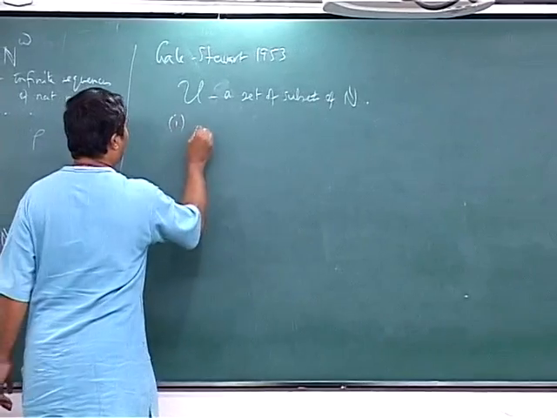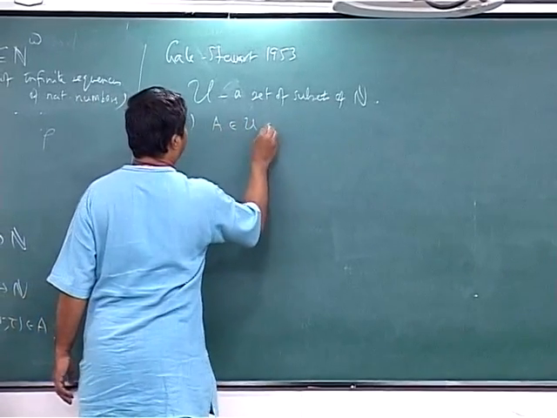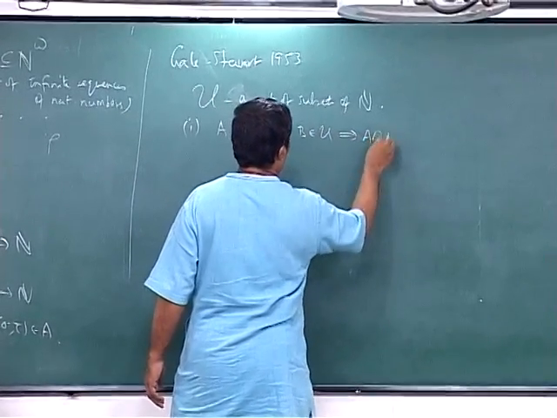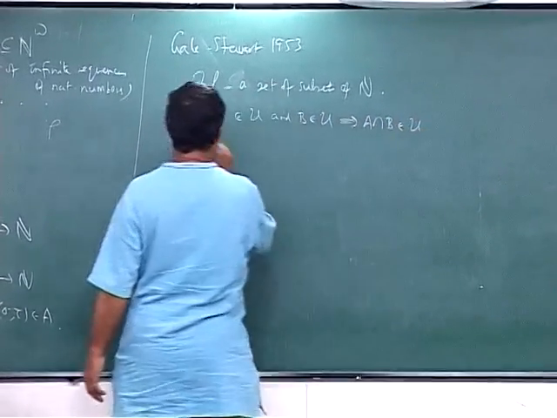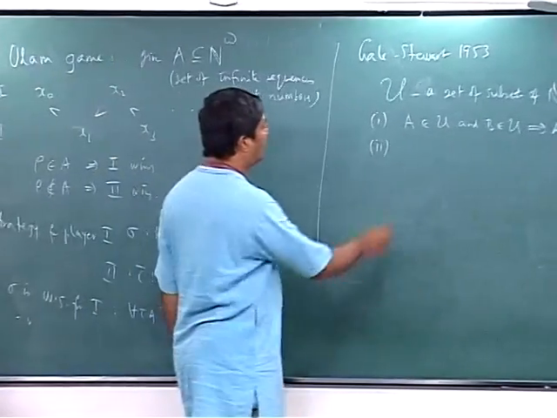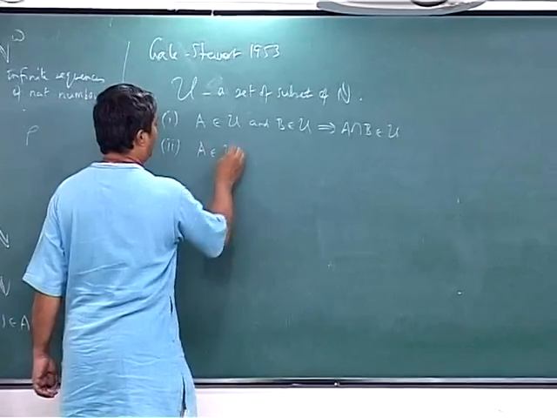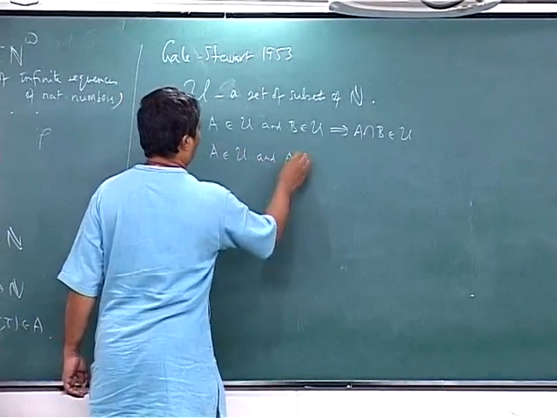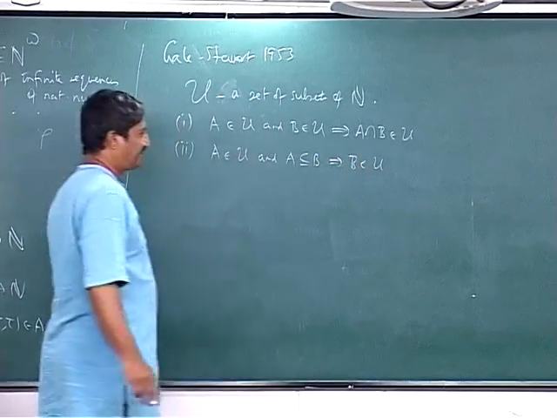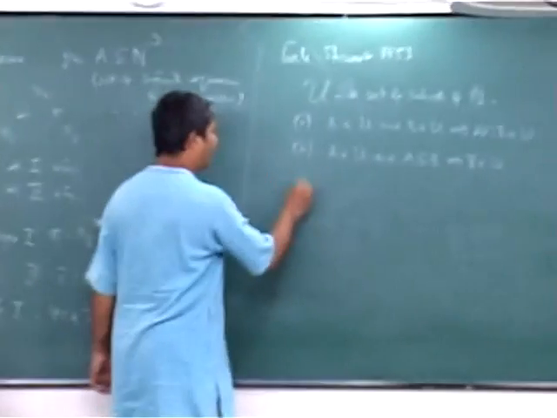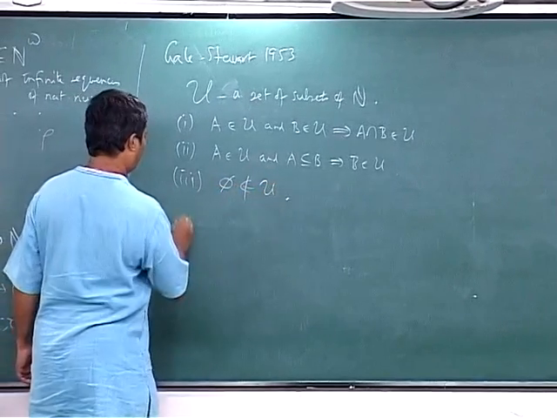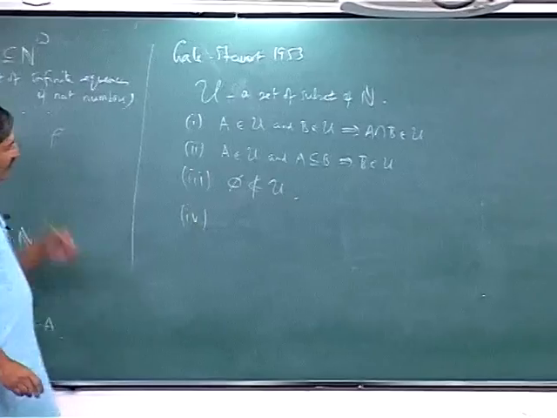One is that it's closed under intersection. It's closed under supersets. It doesn't have the empty set.